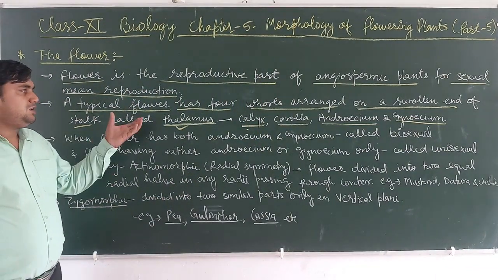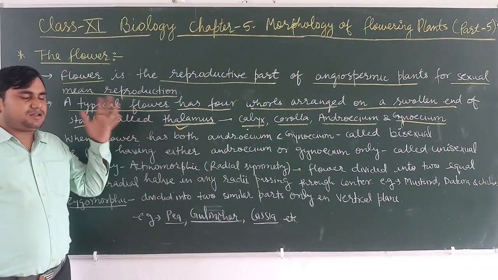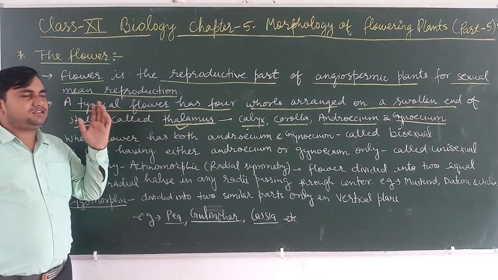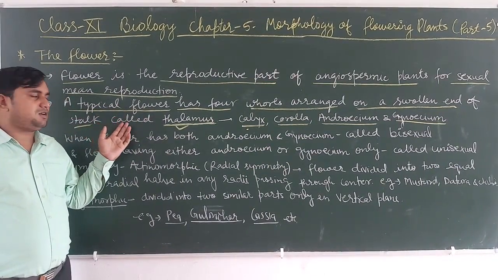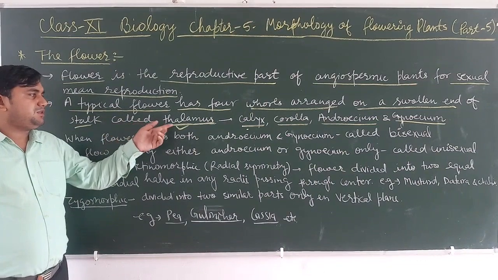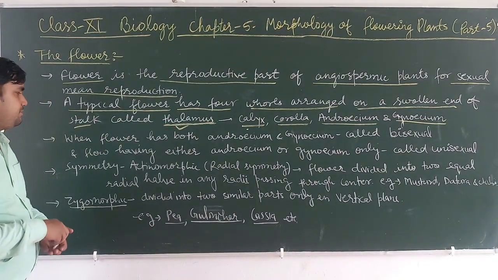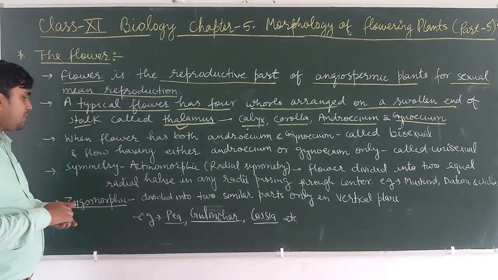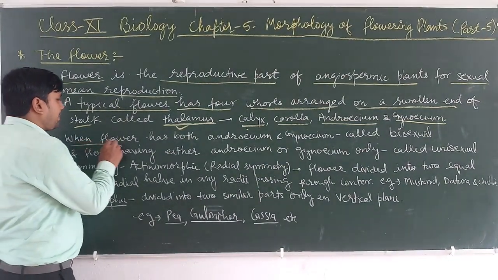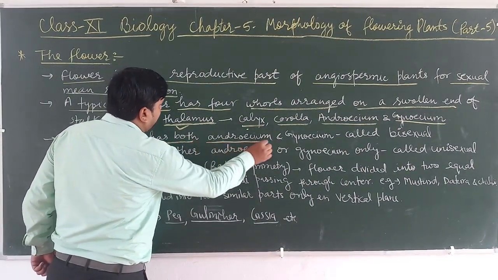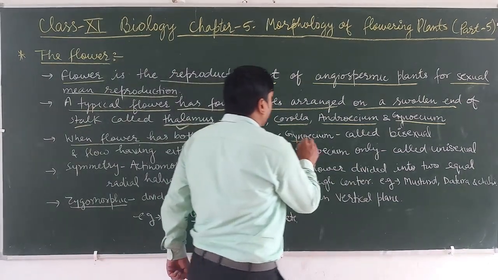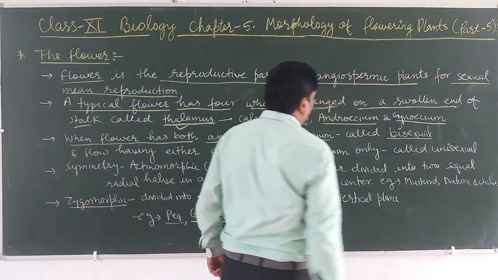Once more, a typical flower has four whorls arranged on the thalamus: calyx, corolla, androecium, and gynoecium. When a flower has both androecium and gynoecium, it is called bisexual.